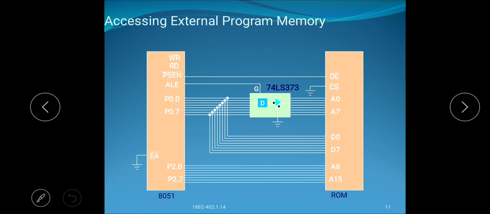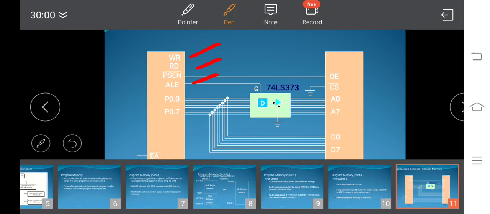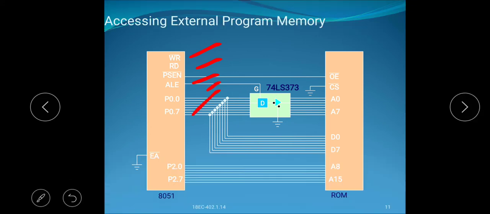Accessing external program memory. Here we are having the 8051, and we see how the external memory is accessed with the help of pins. Here we are having the ROM. This is the 8051, and here we have the pins: write, read, PSEN (program store enable), address latch enable, port 0 (P0.0 to P0.7) and port 2 (P2.0 to P2.7) for the external address.